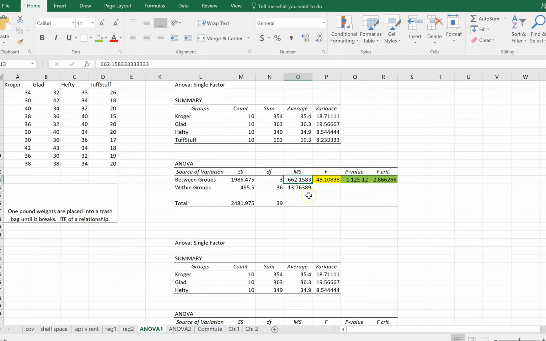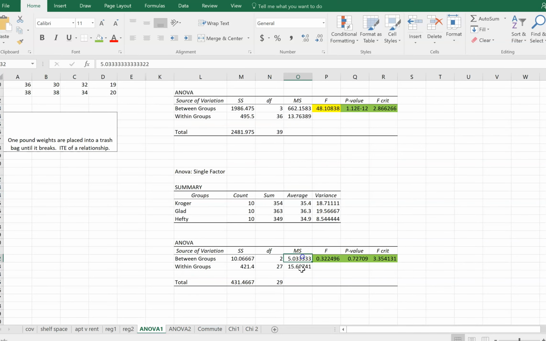I'd expect these two numbers to be relatively close to each other. Look down below here. These two numbers are pretty close to each other, and that's why the ratio was pretty small, and that's why I did not reject. Up here, this is a pretty big difference, a 48 times difference, and that's why we're rejecting.